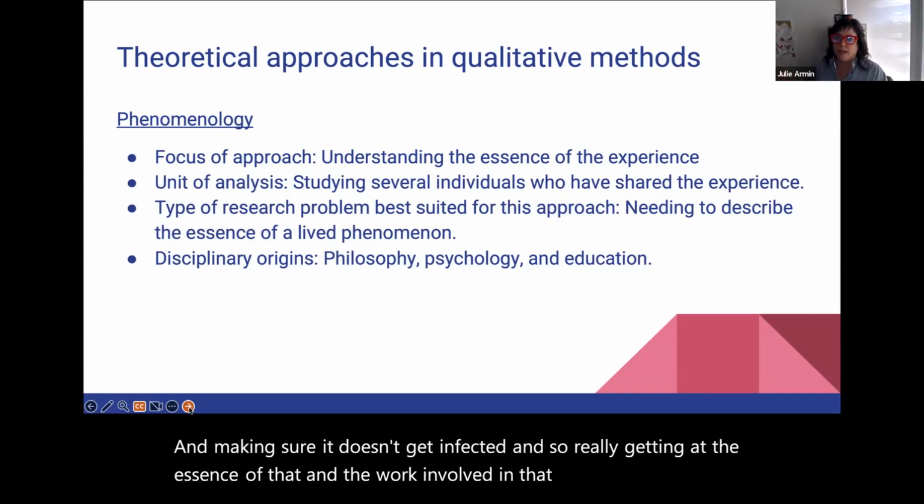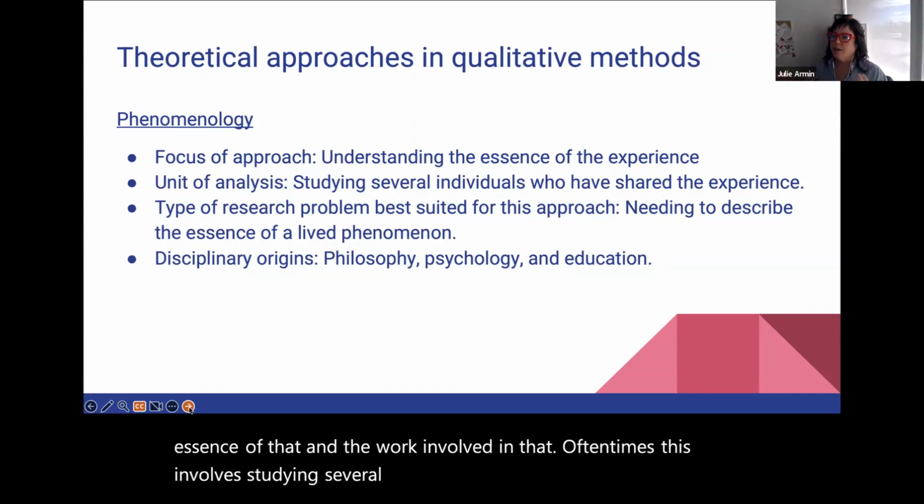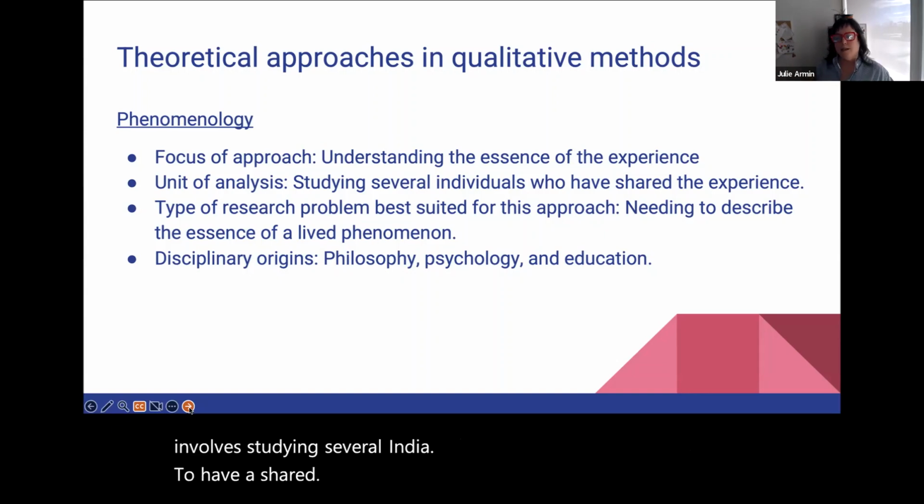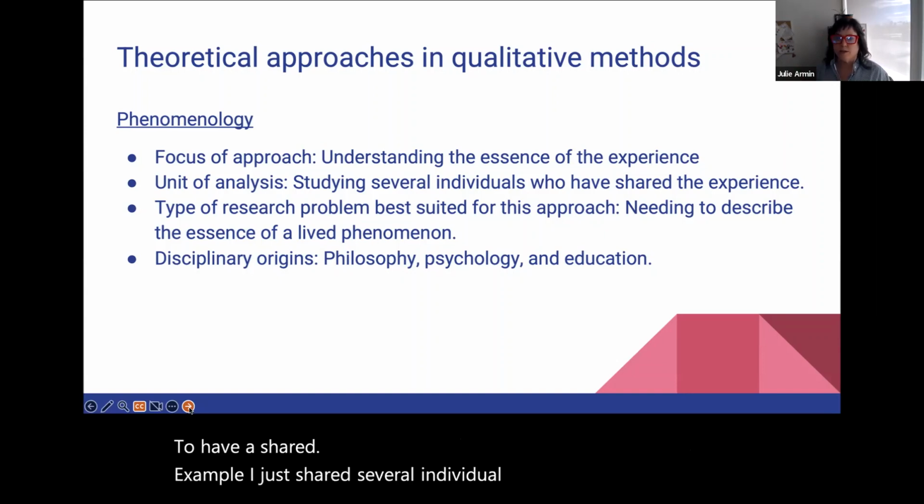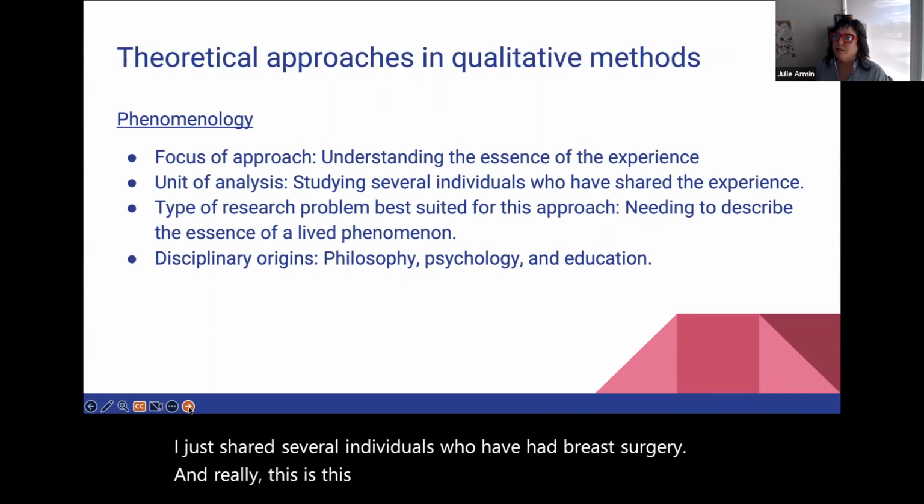Oftentimes this involves studying several individuals who have a shared experience. So the example I just shared, several individuals who have had breast surgery. And really this is best suited for trying to describe a lived phenomenon.